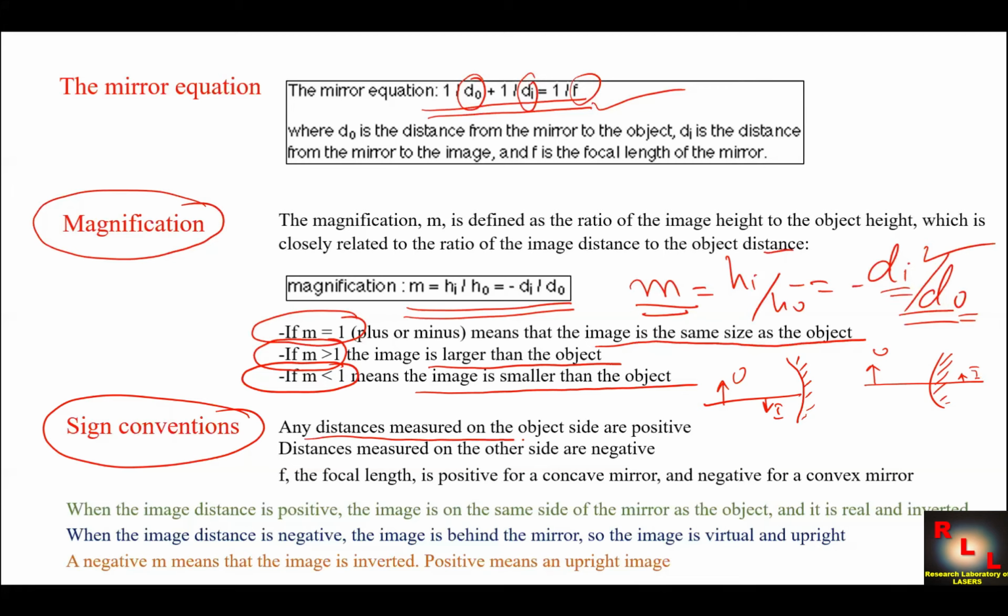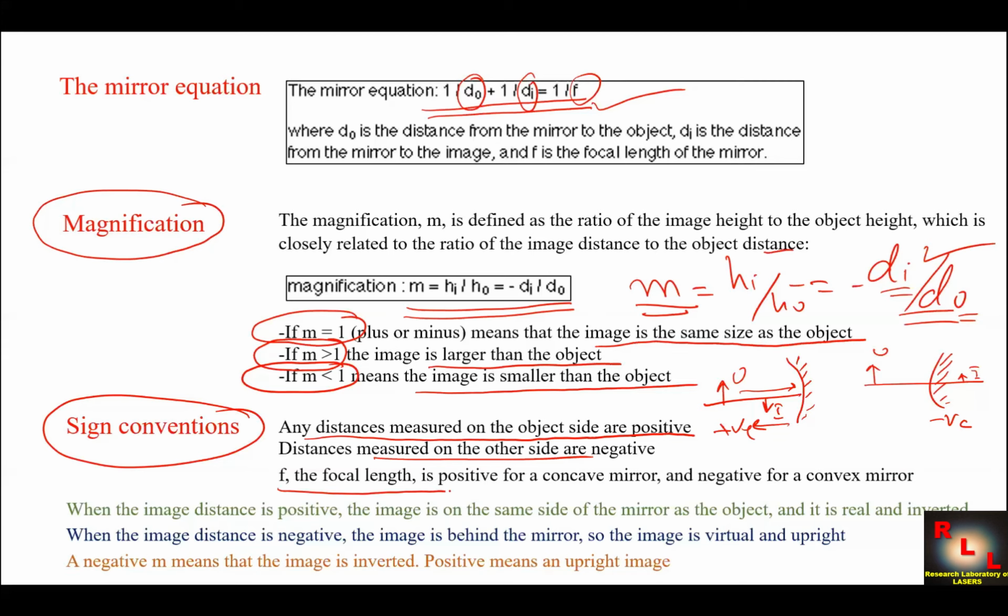Any distance measured on the object side is positive. This is the object side. If the image is formed on the object side, the distance is always positive. In this case, the distance is negative because the image is formed on the other side of the mirror, not on the object side. This is mentioned here.